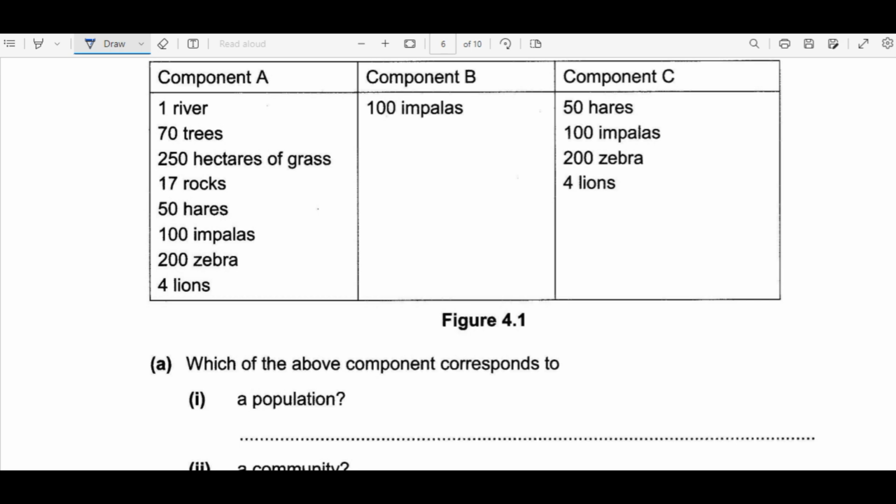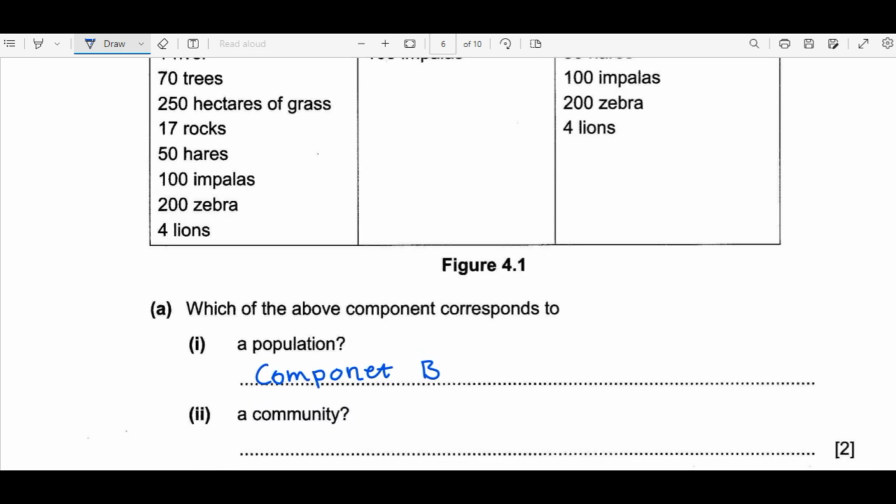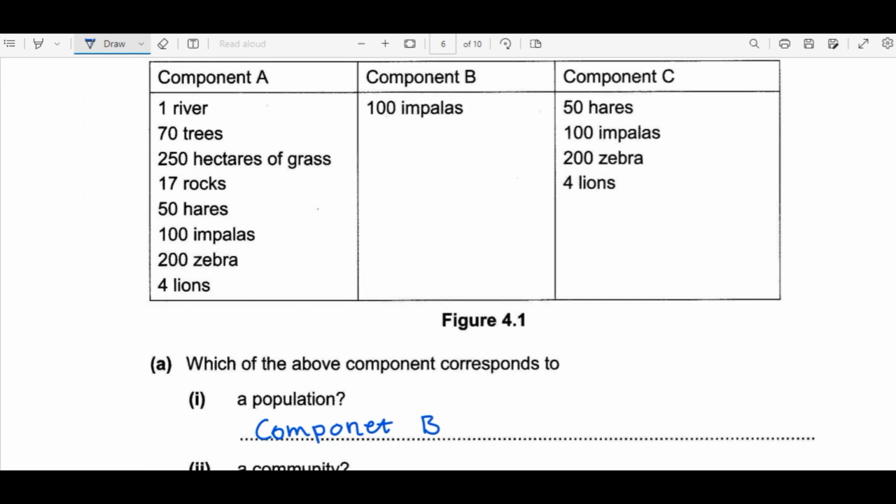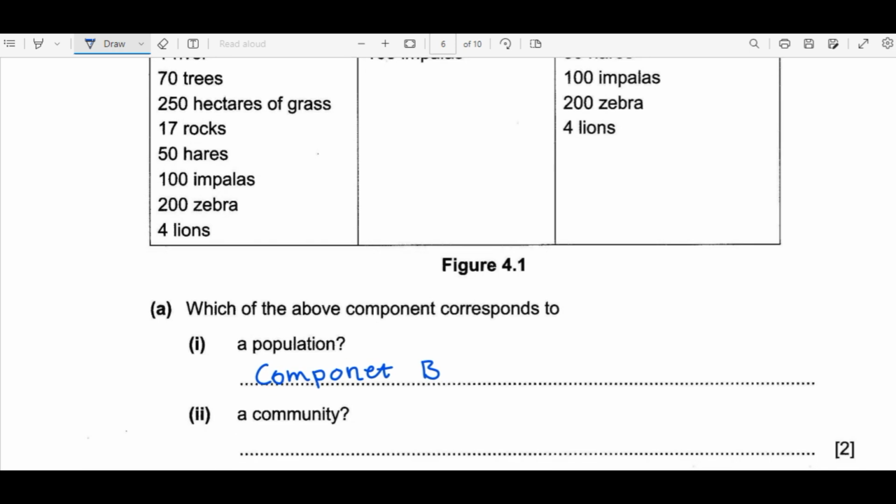So from these 3 components, component B qualifies. Then Roman number 2, a community. A community is defined as a group of different populations. So we can see that component C has different populations. So we have component C.